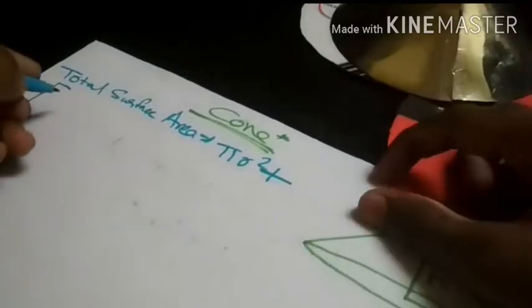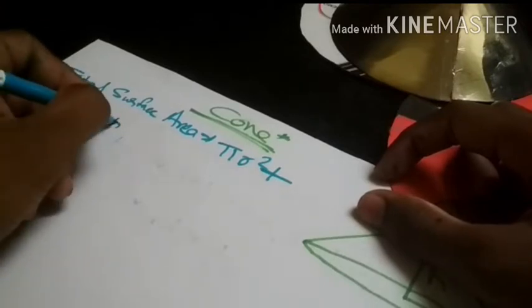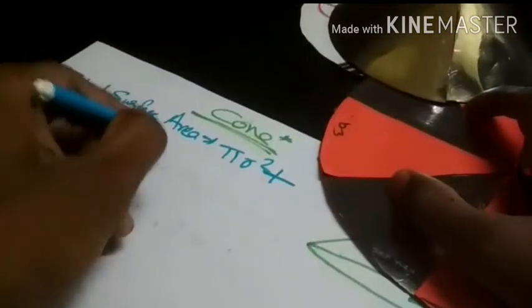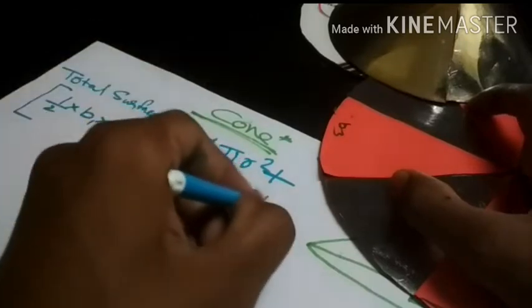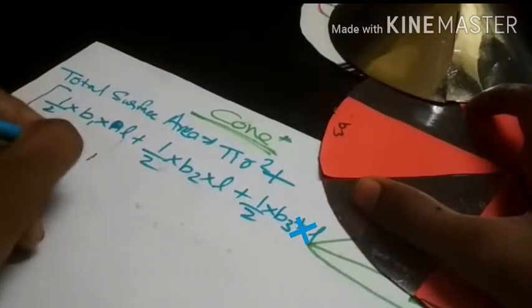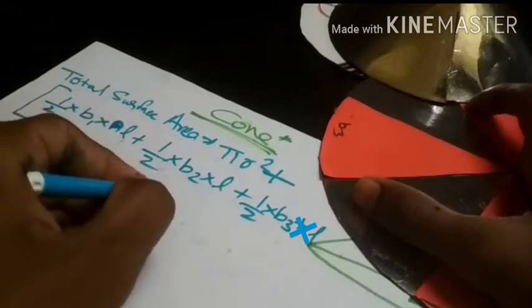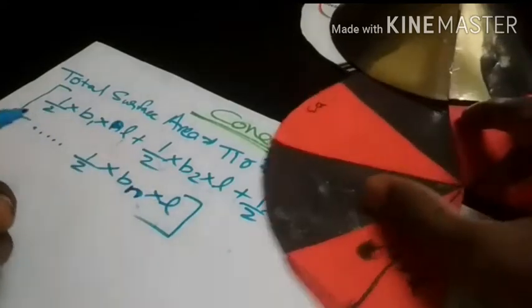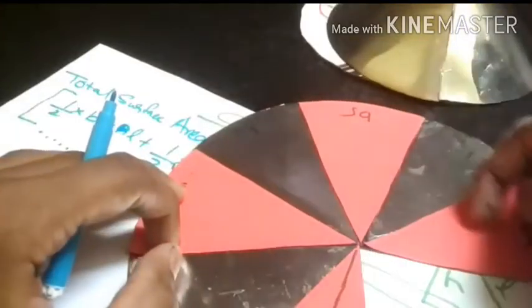So the area of all the triangles: half into B1 into h, that is L, area of this triangle, plus half into B2 into L, plus half into B3 into L. We will do till half into Bn into L. Okay, in this way we'll find the surface area of this whole figure.